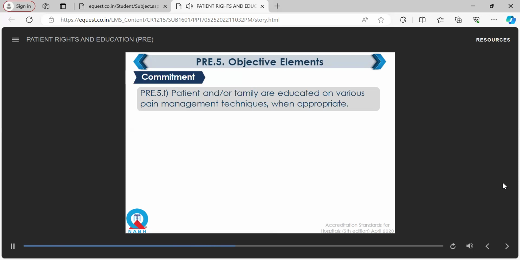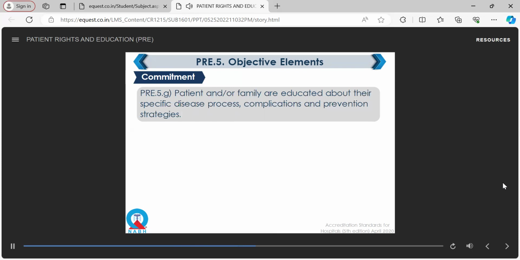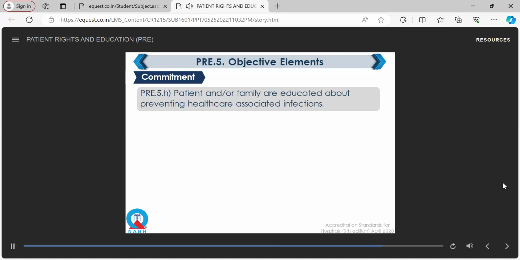The next element is a commitment that patient and/or family are educated about their specific disease process, complications, and prevention strategies. The next objective element is a commitment that patient and/or family are educated about preventing healthcare associated infections.